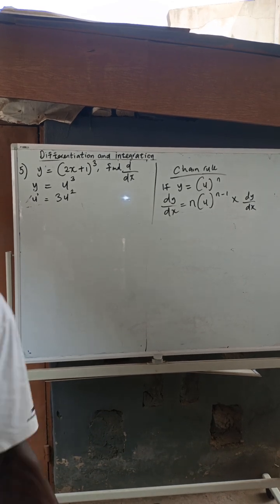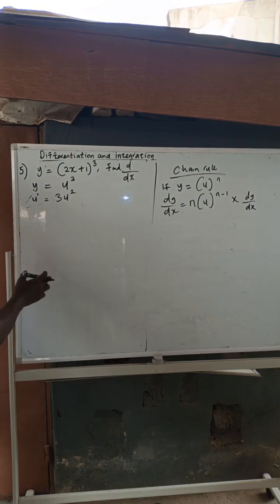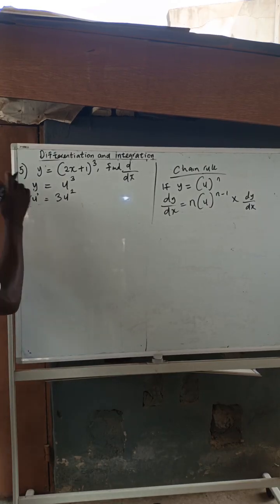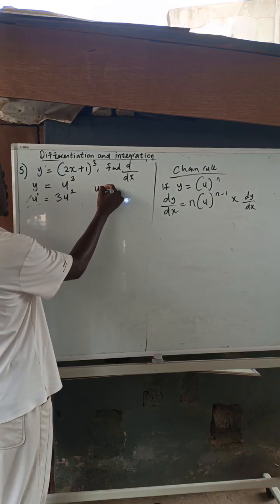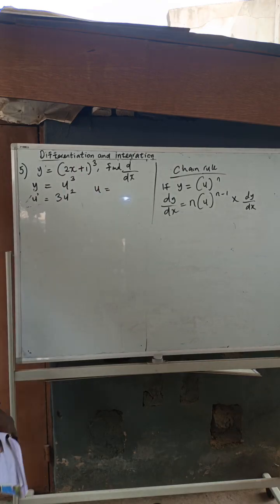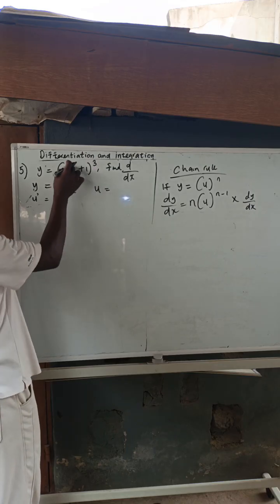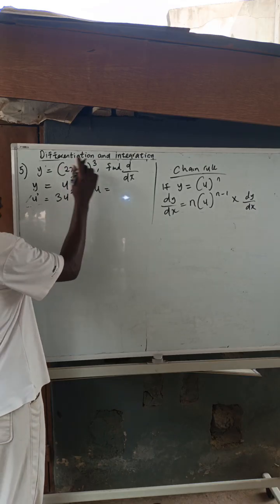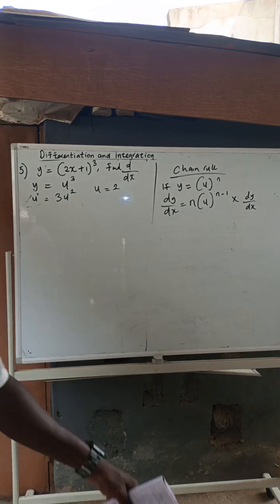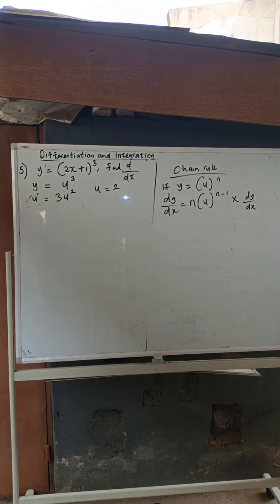But don't forget that I'm still saying my u prime. I've not even differentiated the inside at all. Now let's differentiate this u. The u is what is in the bracket. So I don't need this one, I only need this one. So this gives me 2. So from here on, I think this gets very, very simple.